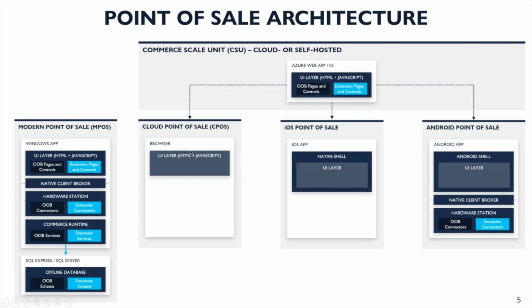So the same extension you deployed for cloud point of sale in the CSU will be rendered in the iOS and Android point of sale. Any client-side extension you build is hosted in the CSU, and the Android and iOS apps will render it. Currently the iOS app doesn't support any hardware station extension, but in the future we may plan to support it. For Android, you can build a payment extension connector, so it has native payment extension support as well.